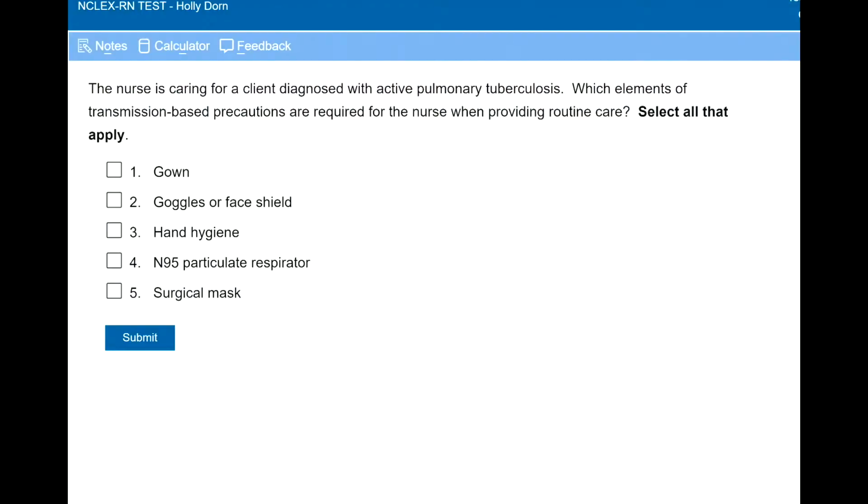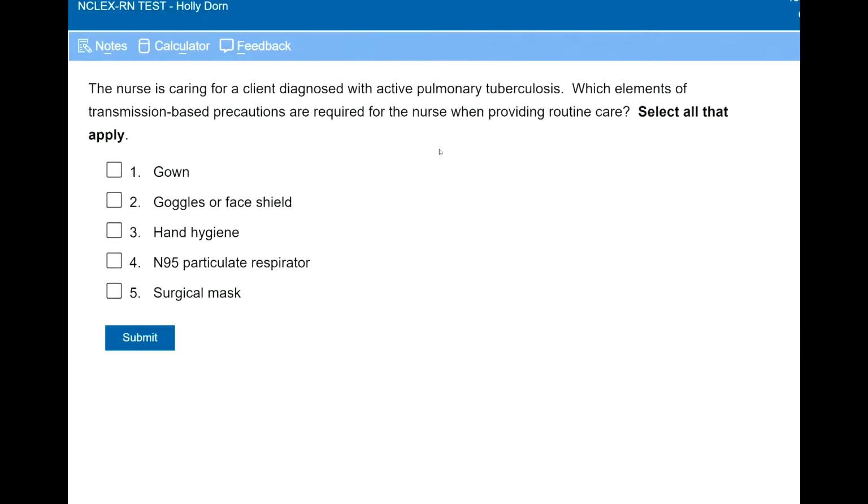So in our question, we are given the diagnosis of active pulmonary tuberculosis. And we know that tuberculosis requires airborne precautions, so we want to consider the required PPE, or personal protective equipment. You may have heard that term before. So let's look at that. Little tip, remember that when we're looking at a question like this, we want to go by the guidelines set forth by regulatory agencies and not by personal experience.